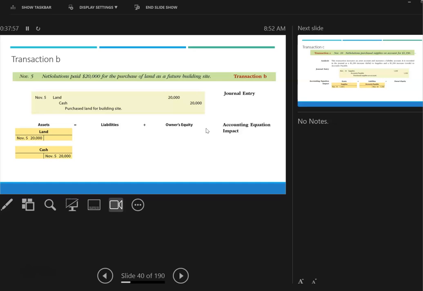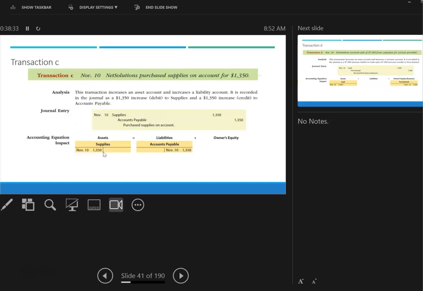Does that make sense? So you see here, our journal entry shows on November 5th, we debit land for $20,000 and we credit cash for $20,000 because we purchased land for a building site. If we post these two transactions, land gets debited, cash gets credited. But guys, do our assets still equal our liabilities plus our stockholders' equity? They still do.